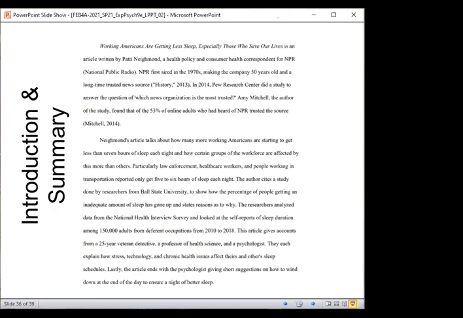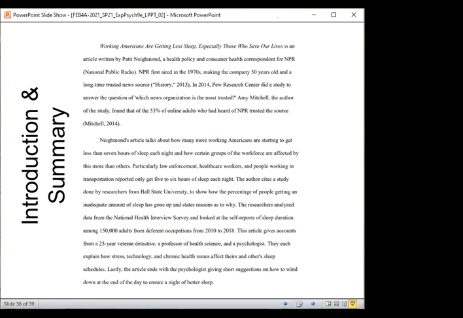Oftentimes, you can also give a little bit of information about the person's background. If they are trained in this particular area, have they been doing scientific writing for NPR or whatever the source is? That's the way it goes. And then the summary part, where they just describe what the article covered, summarizing, paraphrasing, that type of thing is usually going to be the best idea.